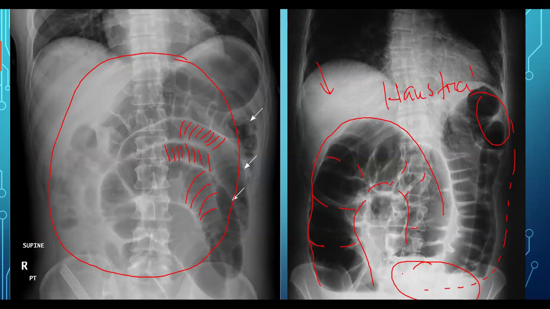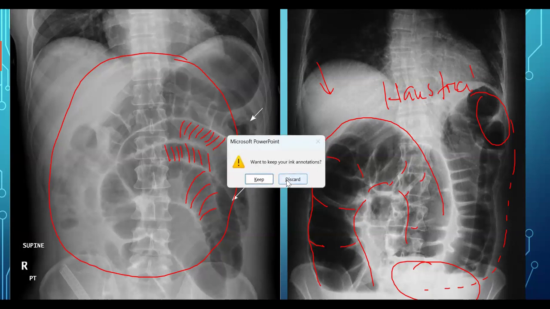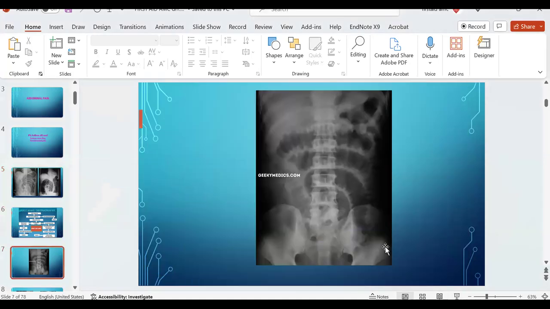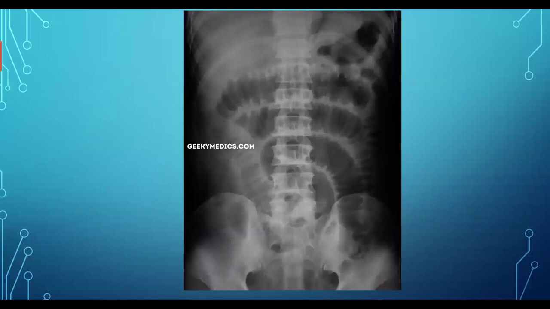So that's how we differentiate the X-ray of large and small bowel obstruction. You can also see on this side how well you can visualize this step ladder pattern. See the step ladder pattern all over here. So that's how a small bowel obstruction looks.